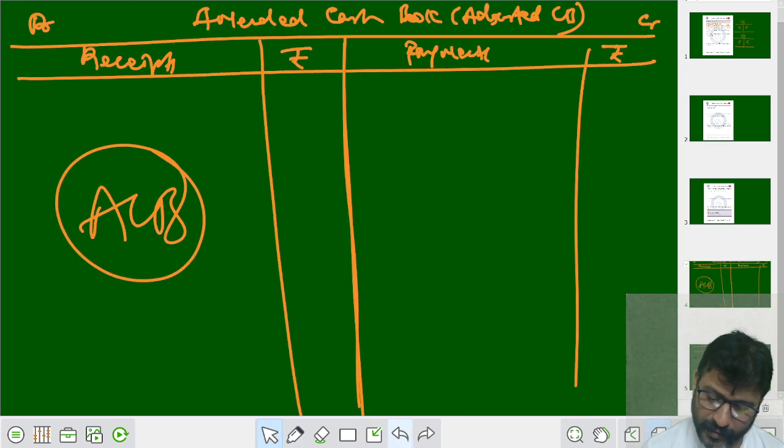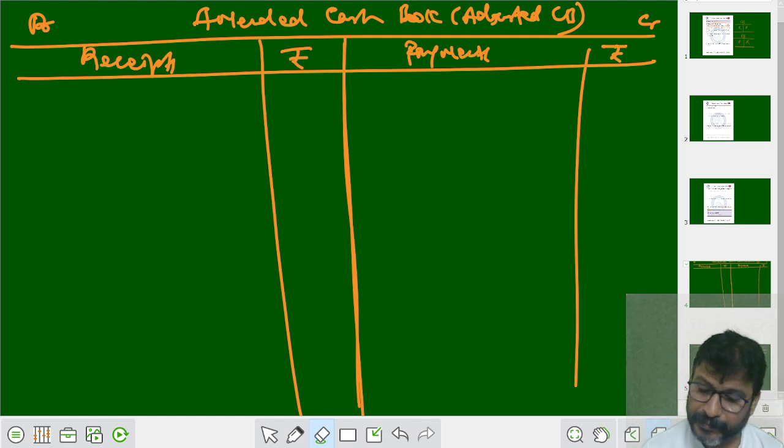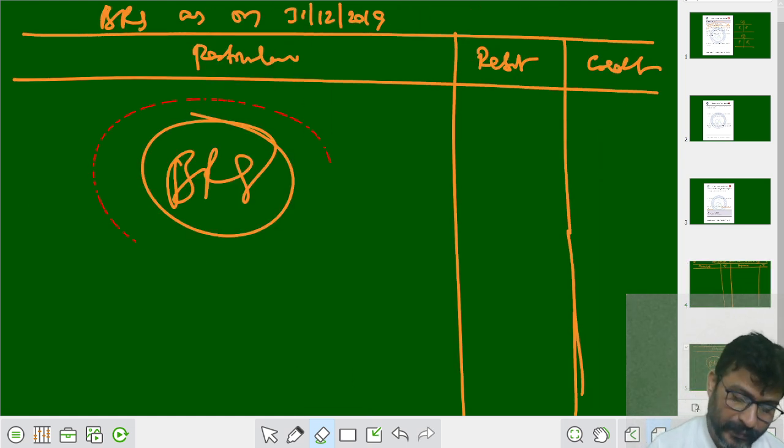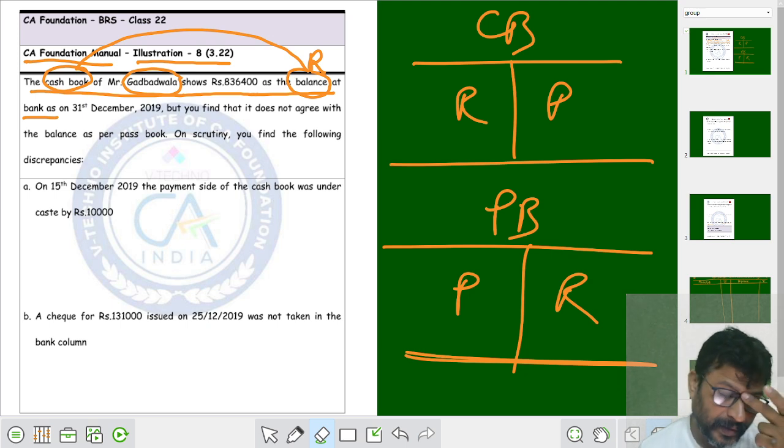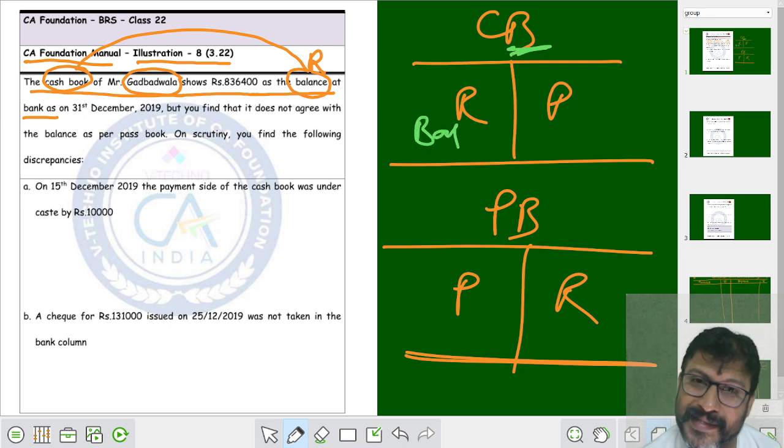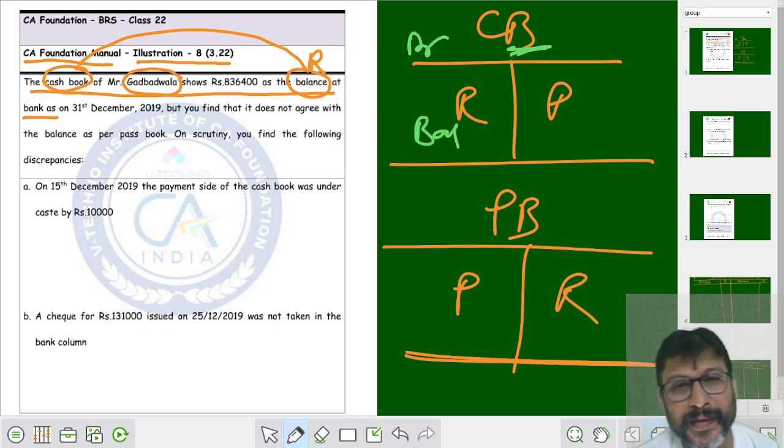See what actually we have to do right now. Let me read the problem first. See, we have the cash book of Gadbadwala showing a balance. In the cash book, what is there? Balance. Balance means what? Receipt. That balance comes on the debit side.